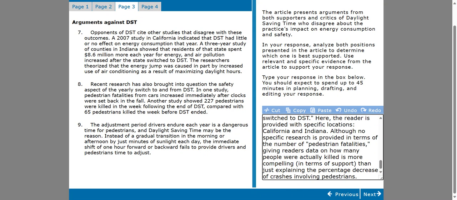Although no specific research is provided in terms of the number of pedestrian fatalities, giving readers data on how many people were actually killed, and I could say 227 pedestrians were killed compared with 65 pedestrians killed the week before.